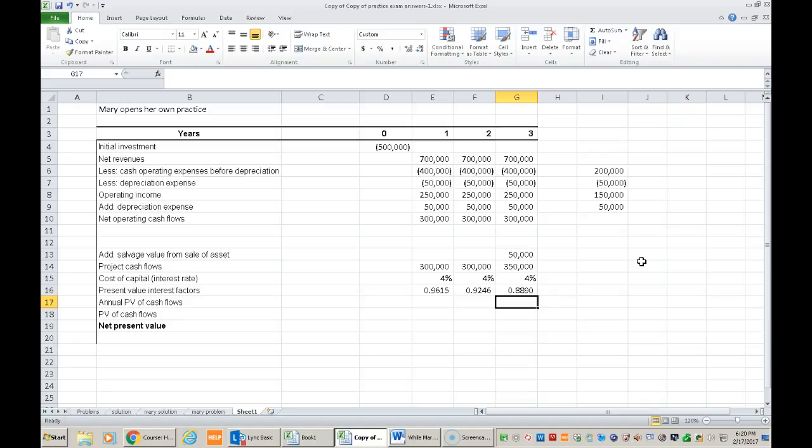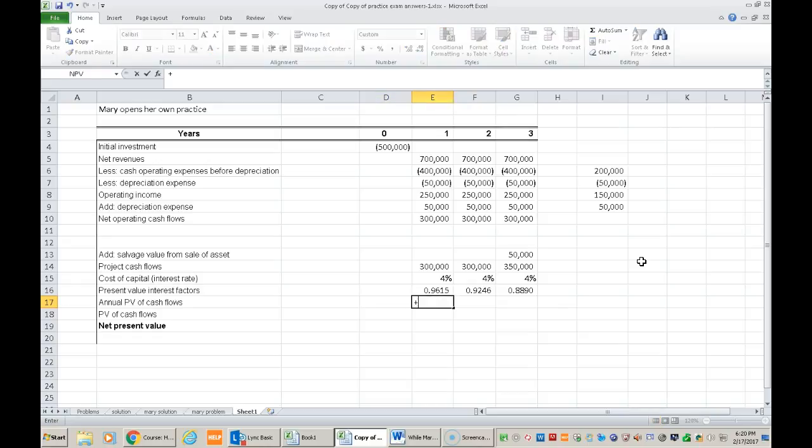Now think about why those numbers go down. Well, there's the time value of money, right? The more money we have that we can invest, the more we can earn. So $1 today that we can invest is worth more than if we got that dollar in a couple of years.